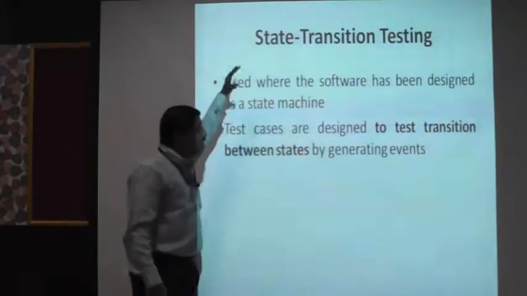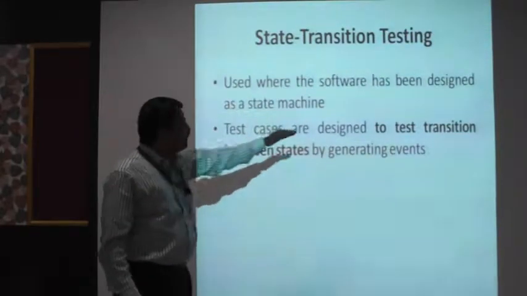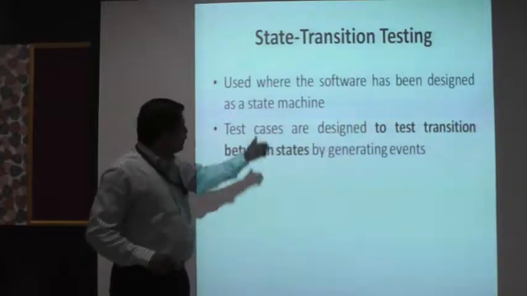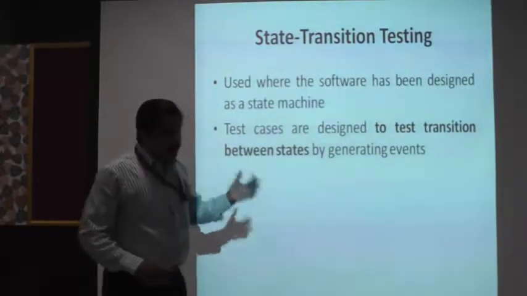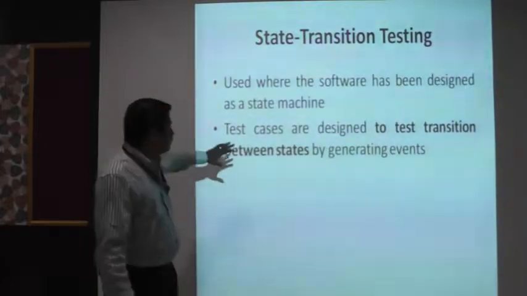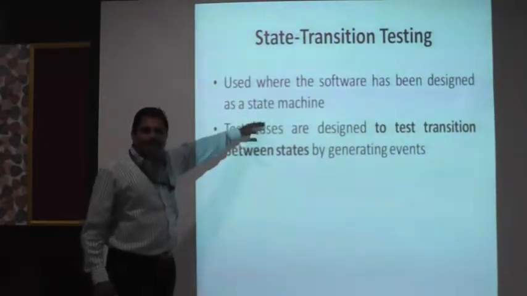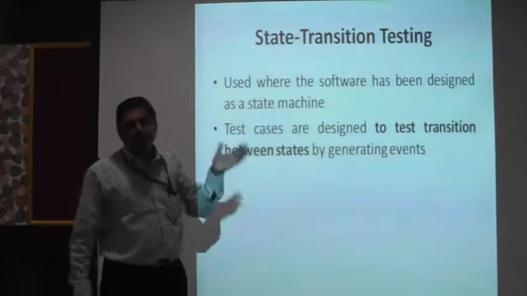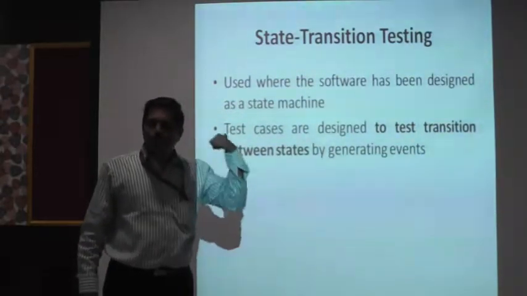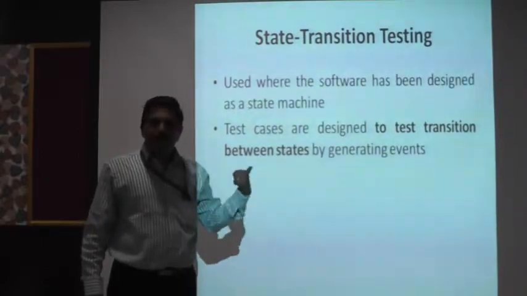Similarly, in state transition testing, the test happens based on the different state transitions. So that is called state transition testing. It is one of the behavioral testing, function testing, black box testing approaches.